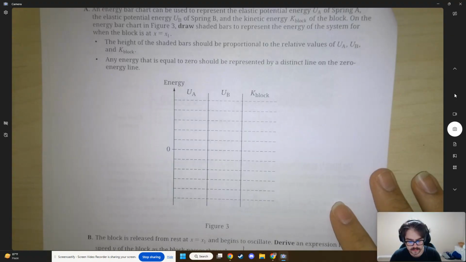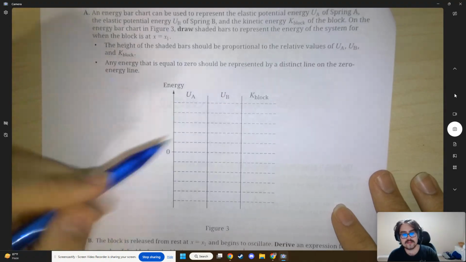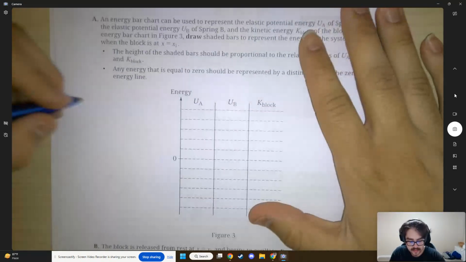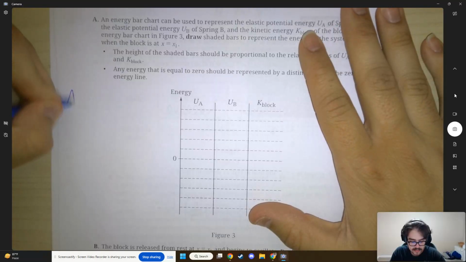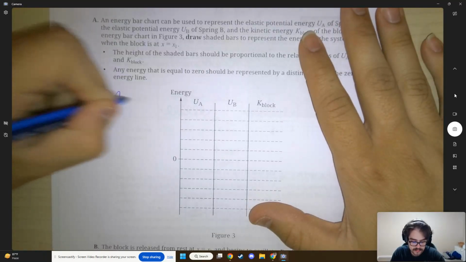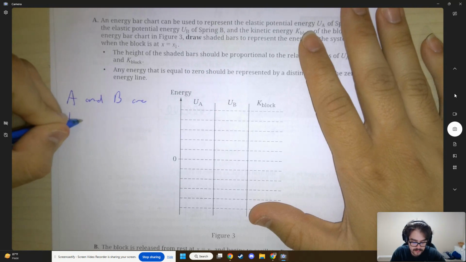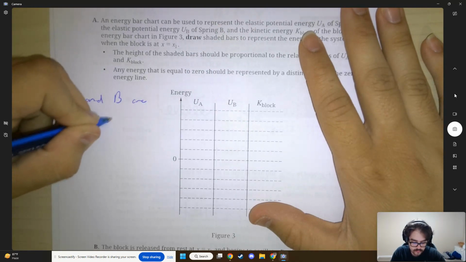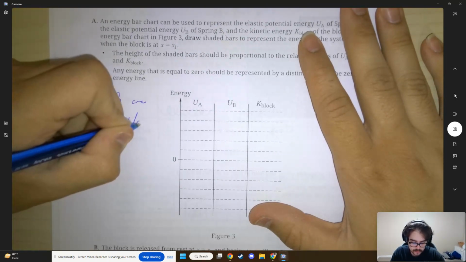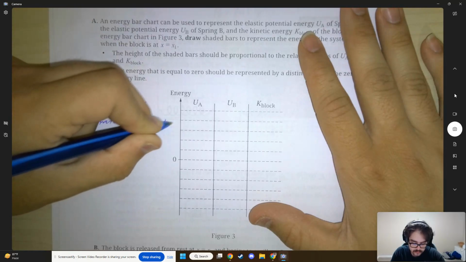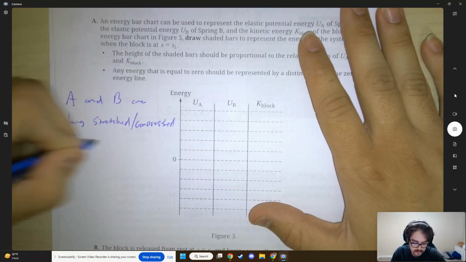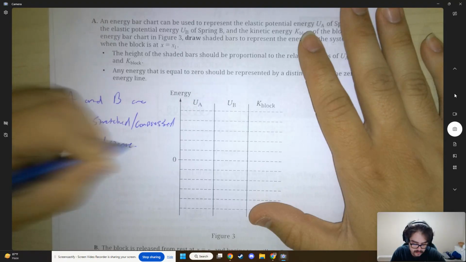An energy bar chart can be used to represent the potential energy of spring A, the potential energy of B, and the kinetic energy. I've already established that A and B are being stretched or compressed the same distance.